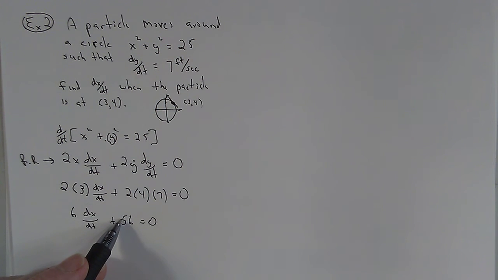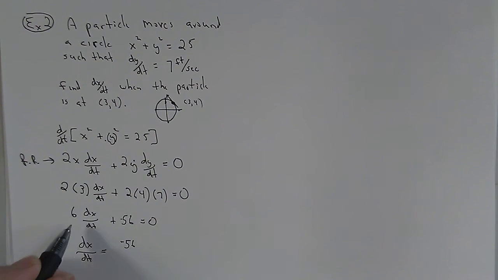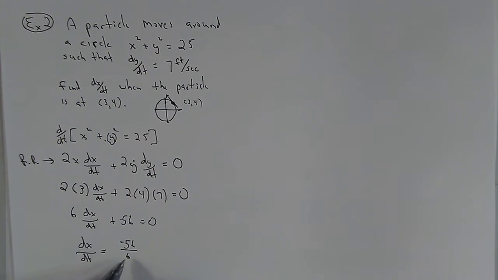So I'll subtract 56 from both sides and then divide by 6. And that's going to be the rate of change in the x coordinate with respect to time.